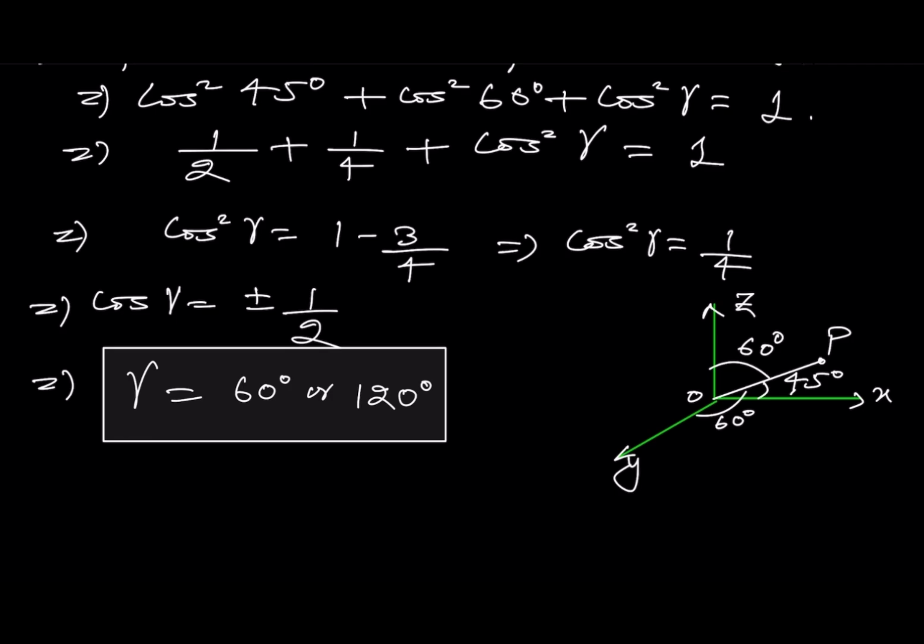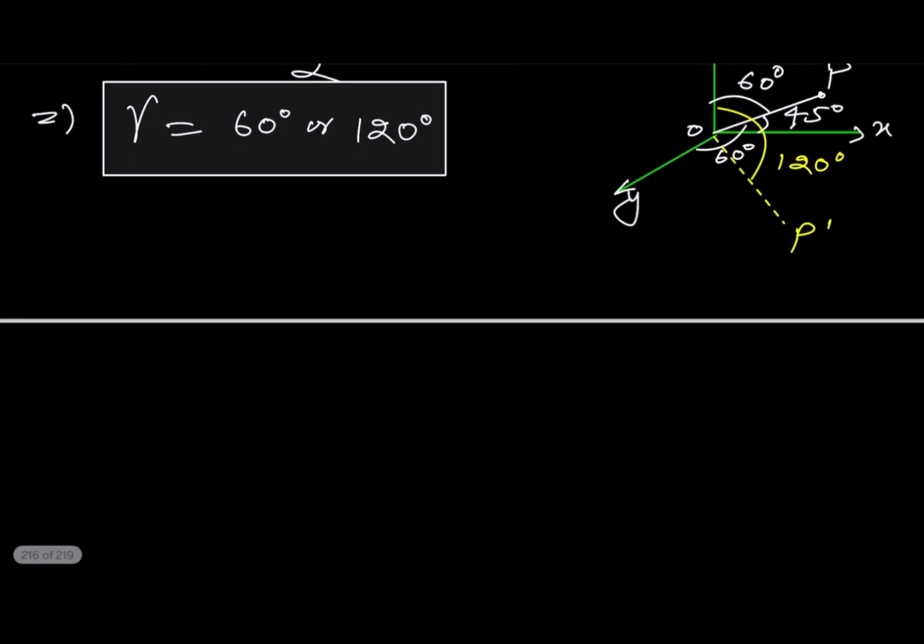So I am saying, if this OP goes down, putting this by a dashed line, this OP dash is below the xy plane, then that angle will become 120 degree, right?